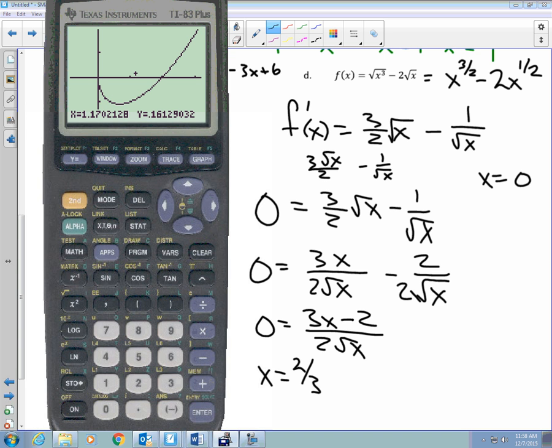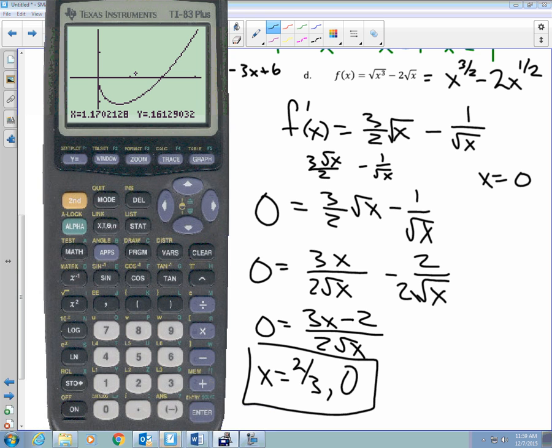Okay, does it seem to make sense that we have a critical value at 2/3? Why? Because the derivative is 0. Good. Does it seem like we have a critical value at 0? Why? Two reasons. Number one, it appears that the slope will be a vertical line. And second of all, this would be an endpoint, wouldn't it? And so it seems like you would have that issue as well. So 2/3 and 0, that is your answer.